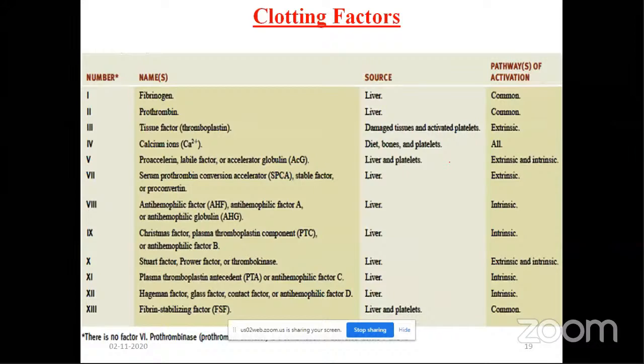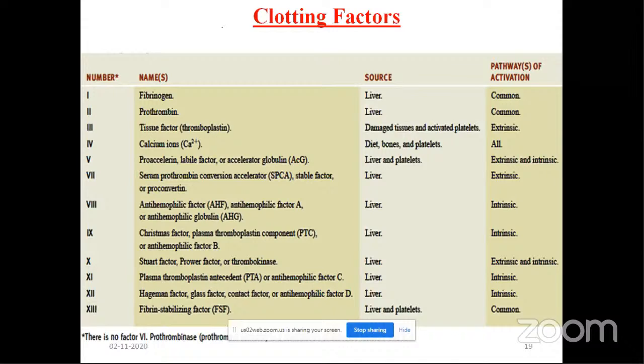So first, let's have an overview of all the clotting factors. Most of these clotting factors are either present in the platelets or they are synthesized by the liver. Some of them are involved in the extrinsic pathway, some in the intrinsic pathway for formation of prothrombin activator, and some are required in the common pathway, that is prothrombin to thrombin and fibrinogen to fibrin.